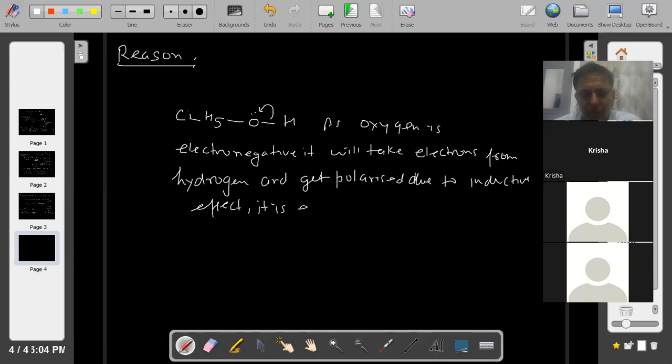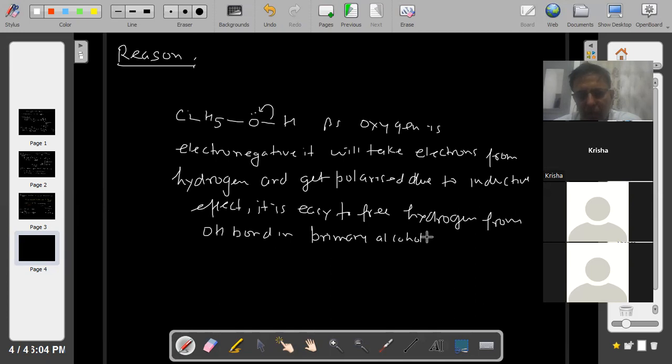It is easy to free hydrogen from the OH bond in primary alcohols. So this is the reason primary alcohols are easy to react with to cleave this H bond.